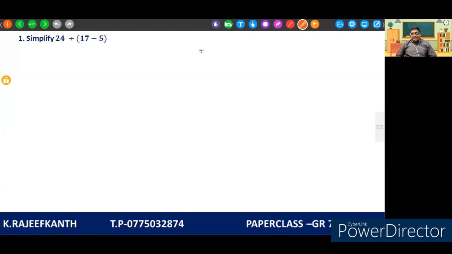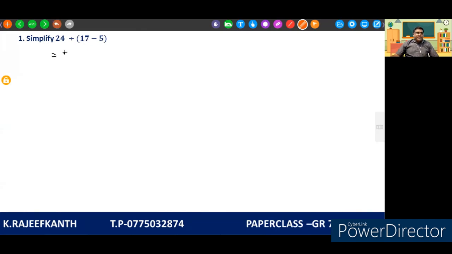So first, when we are simplifying the numerical expression, we have to simplify the brackets, right? So here 17 minus 5 is there. So before dividing this 24, we have to subtract this 5 from 17, right?